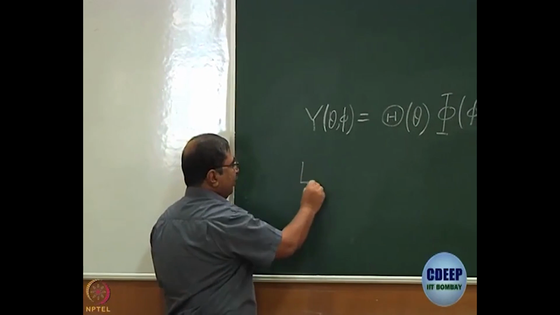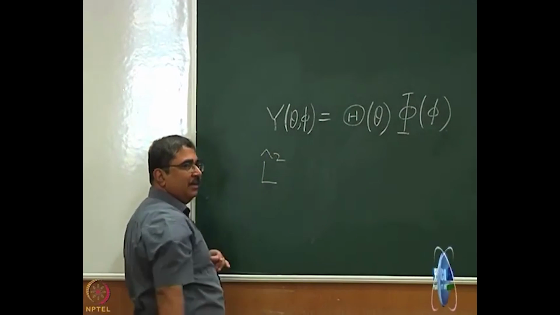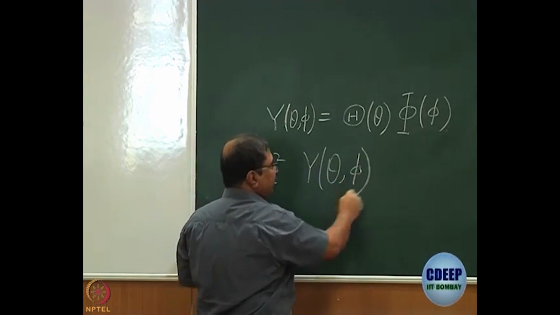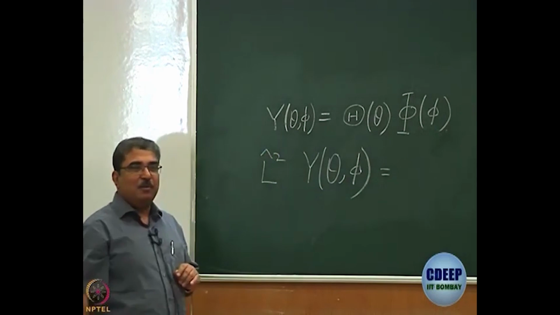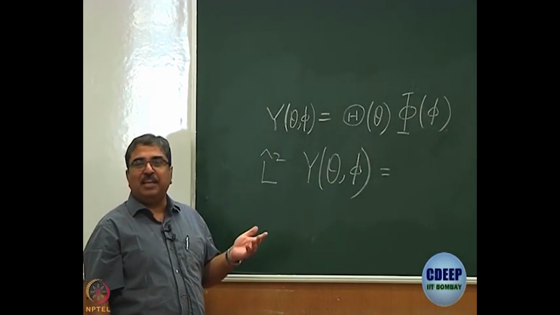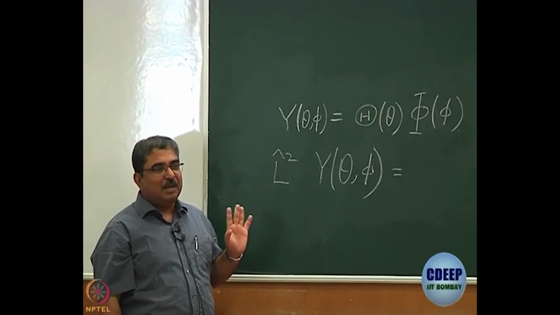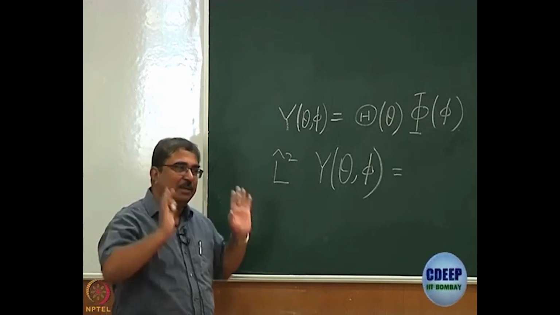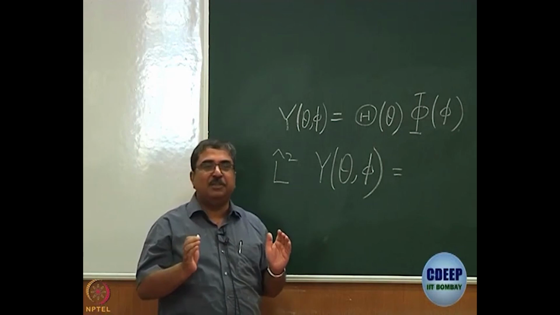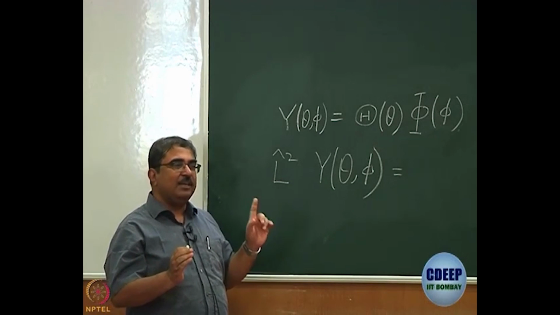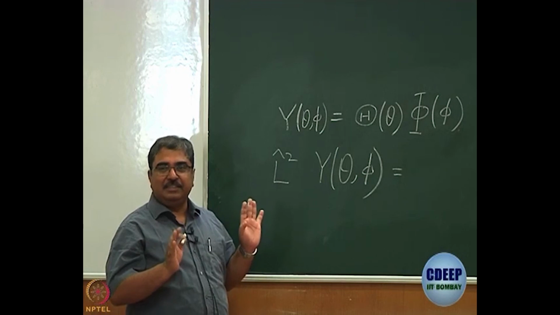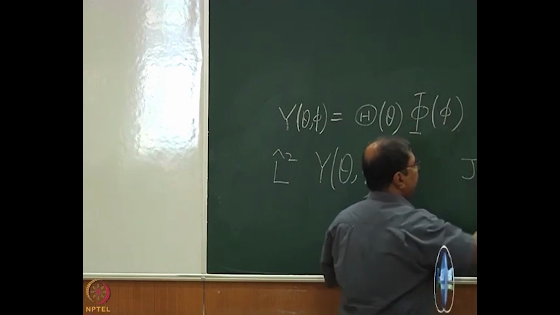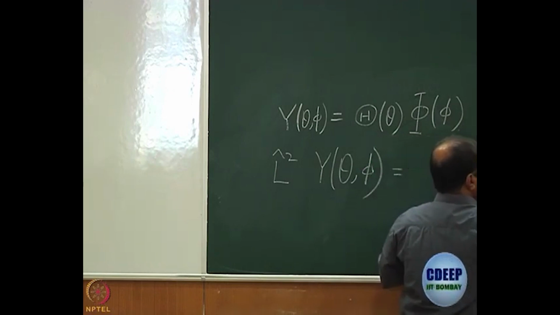Do you remember that the L square operator operating on Y, which is a function of theta and phi, gives the square of the total angular momentum, L into L plus 1 multiplied by h cross square? Here, just to remind ourselves that we are not talking about the hydrogen atom but about a rigid rotor, we write not L but capital J. So this gives J into J plus 1 multiplied by h cross square.